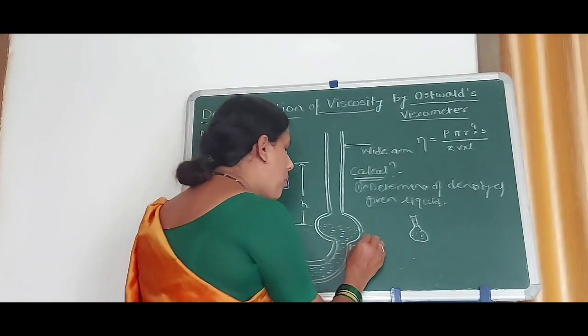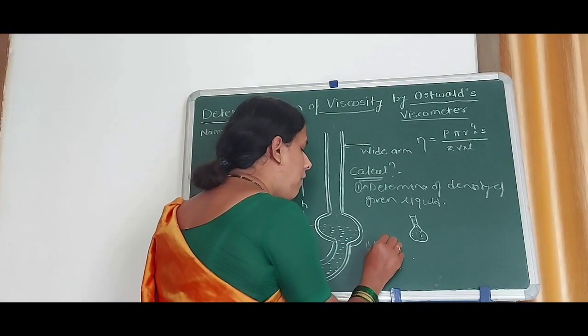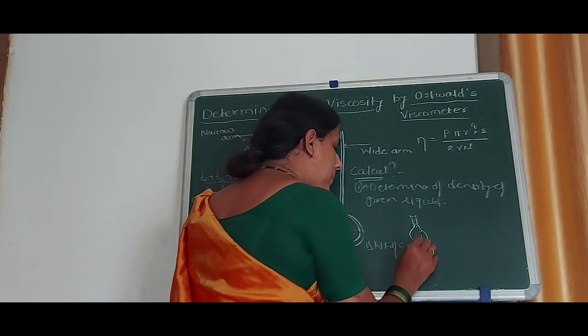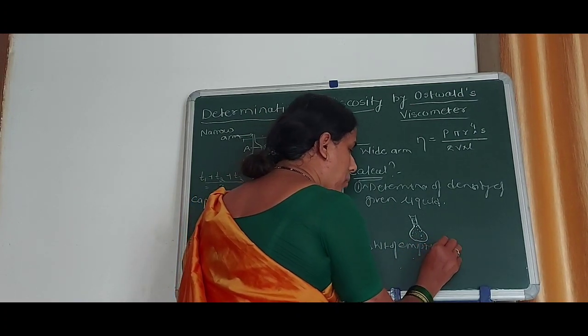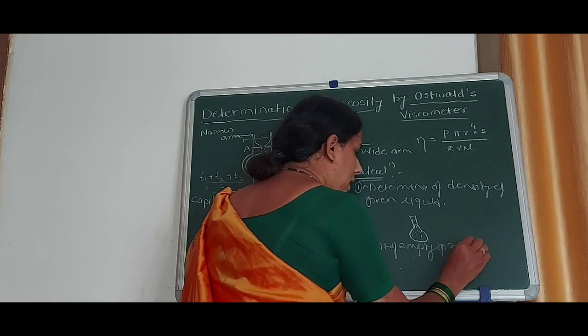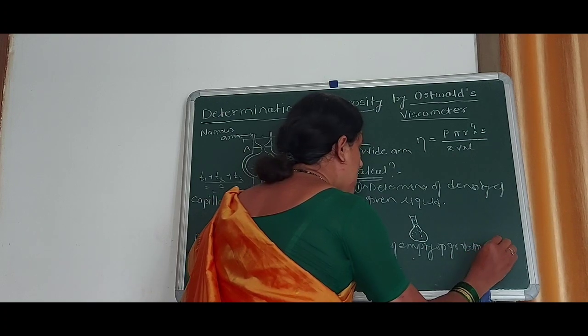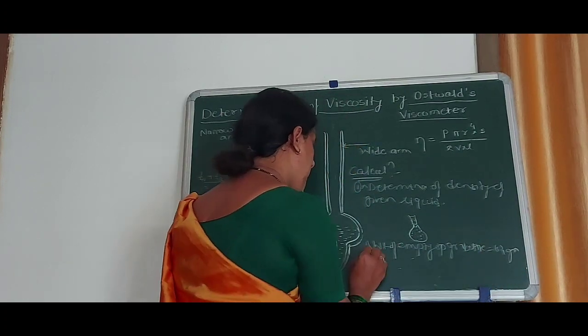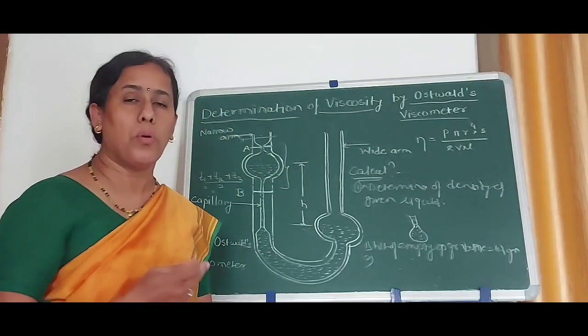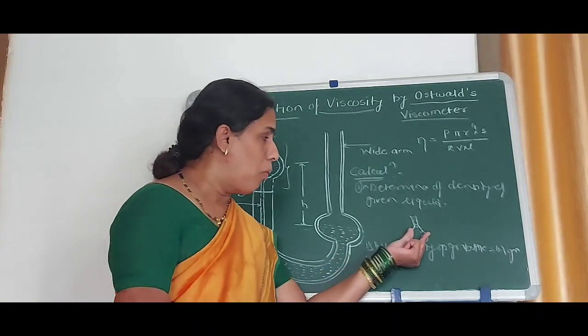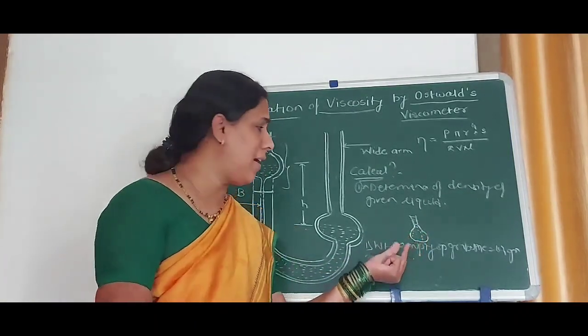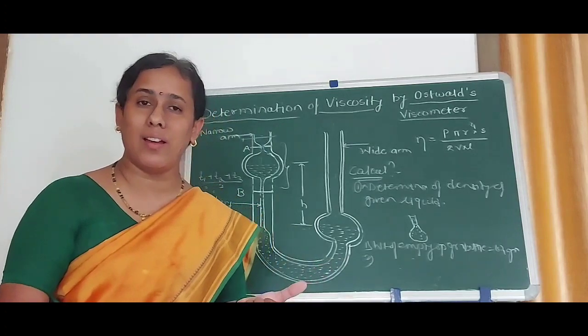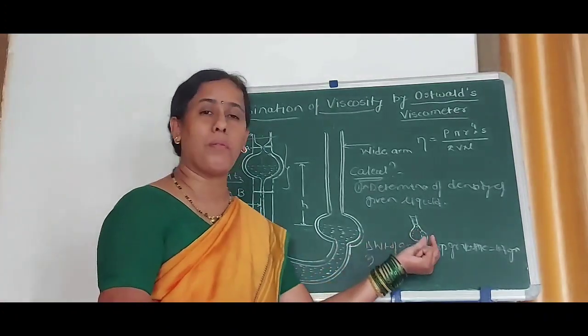First of all, you have to weigh the empty specific gravity bottle. Suppose this is equal to W1 gram. Secondly, you have to wash it thoroughly with water, and rinse with acetone for the purpose of drying.